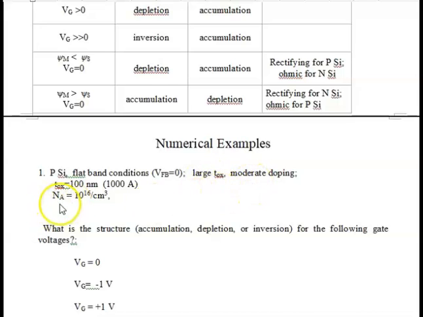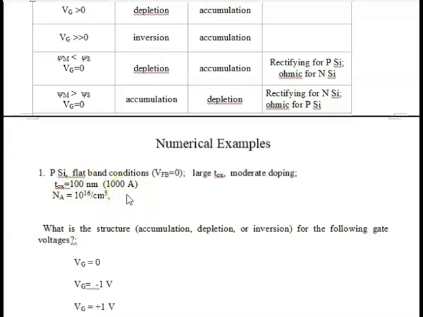Moderate doping would be 10 to the 16th. Notice it's acceptor doping, which is consistent with p silicon. More normal doping today would be about 10 to the 17th, but this is the real issue here. We're starting with 1,000 angstroms of gate oxide.